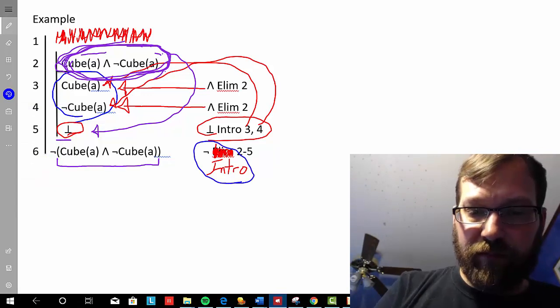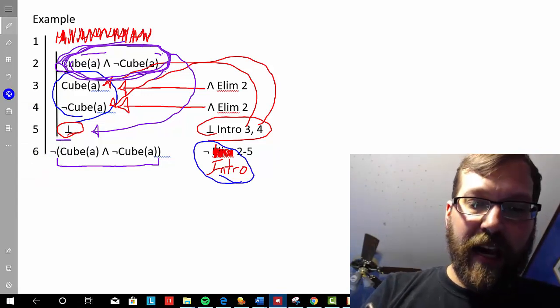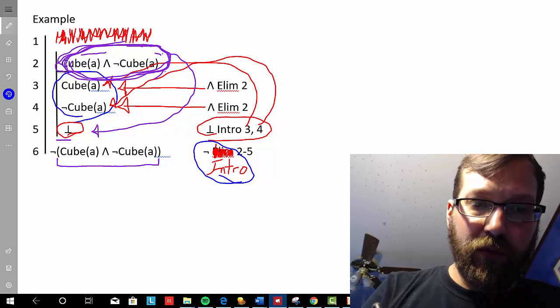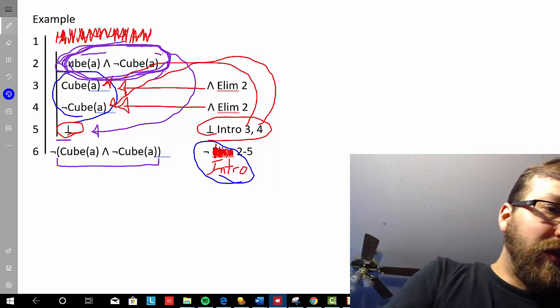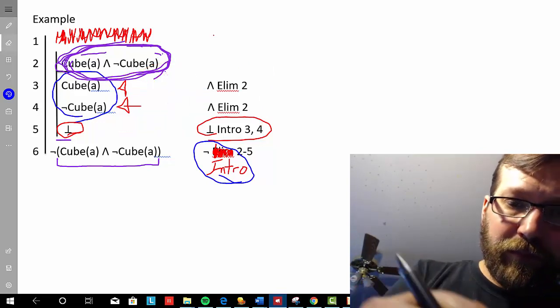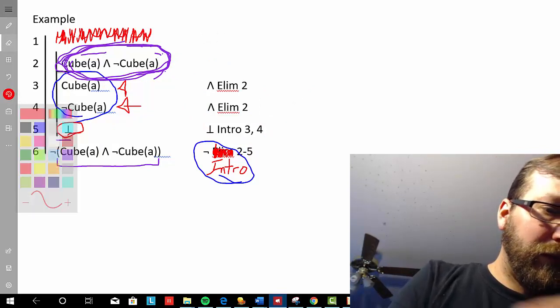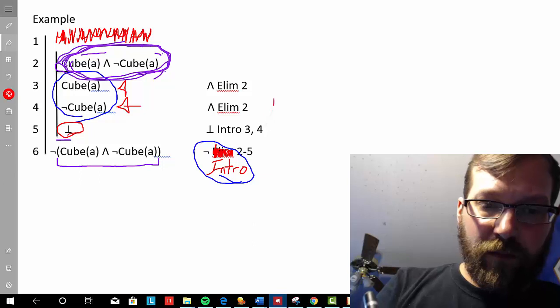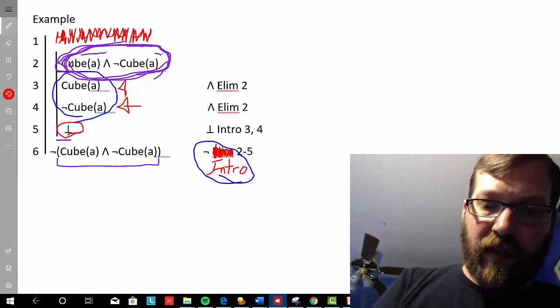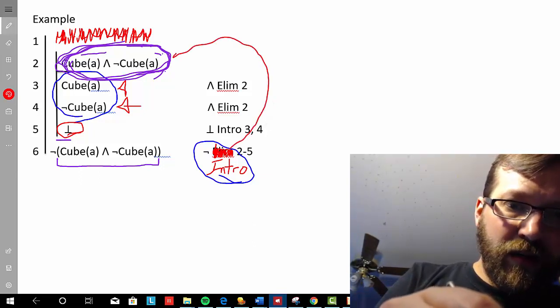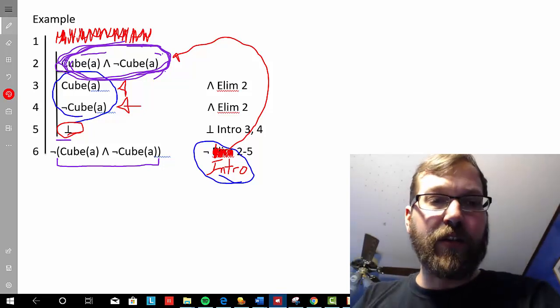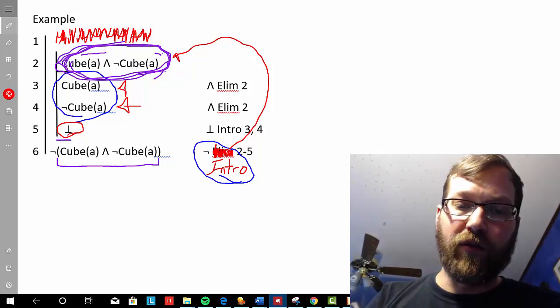negation introduction. And we say, hey, why do we get to use this rule? We get to use this rule because we introduced the assumption A is a cube and it's not the case A is a cube.